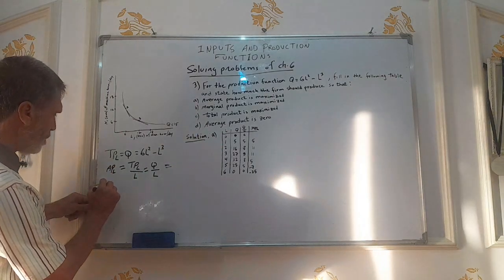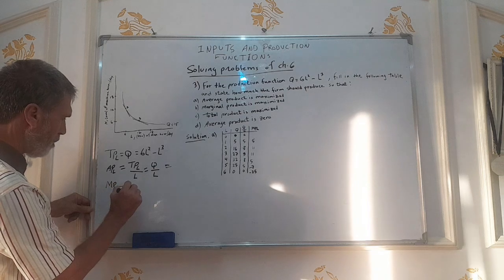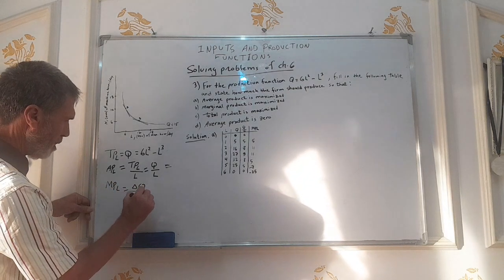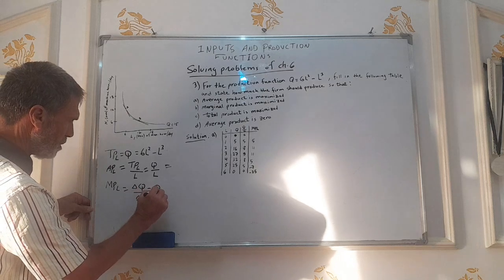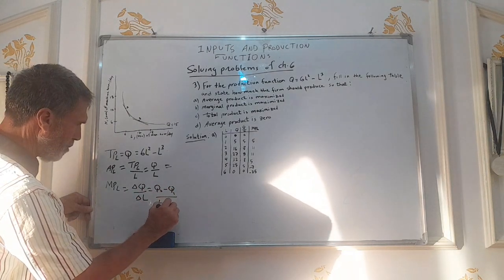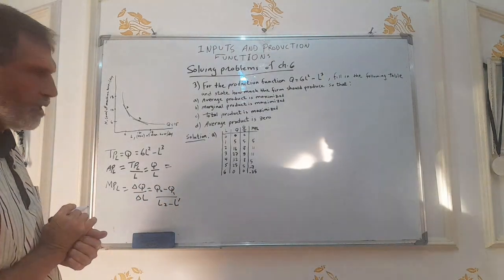You remember, marginal product of labor is equal to a change in Q over a change in L, which is equal to Q2 minus Q1 over L2 minus L1. Okay? This is the marginal product of labor.